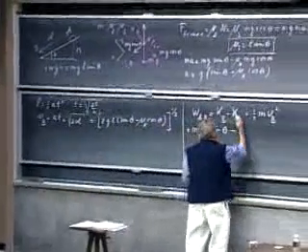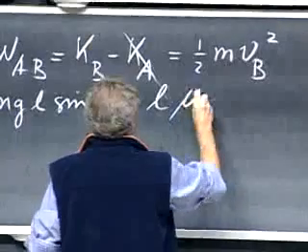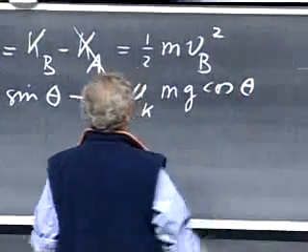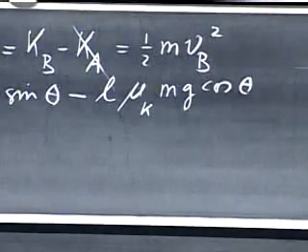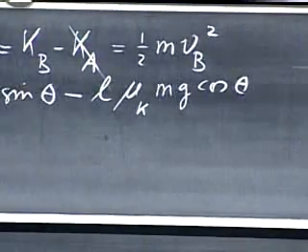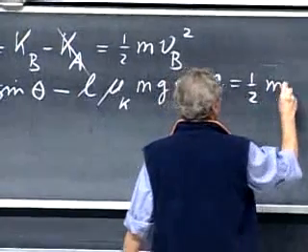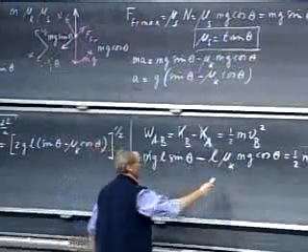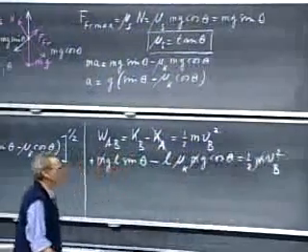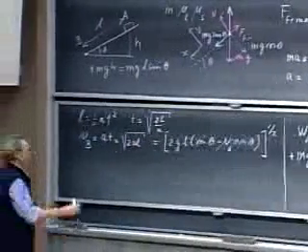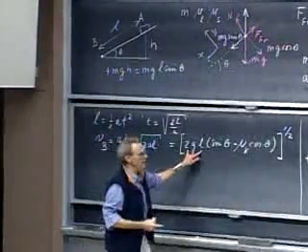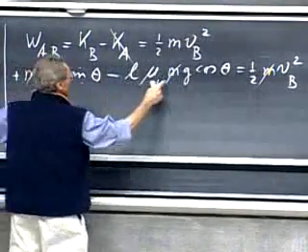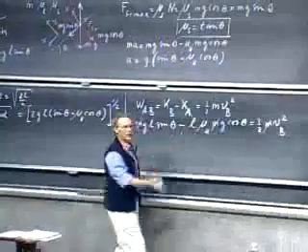And so I get L times the frictional force, which is mu k mg cosine of theta. So that's the negative work done by the friction, and this equals 1/2 m Vb squared. And I lose an m. And if you look very carefully, if you're willing to do that in your head, you bring the 2 to the left, so you get 2gL, and then you get g sine theta minus mu k cosine theta to the power 1/2, you get exactly the same result.